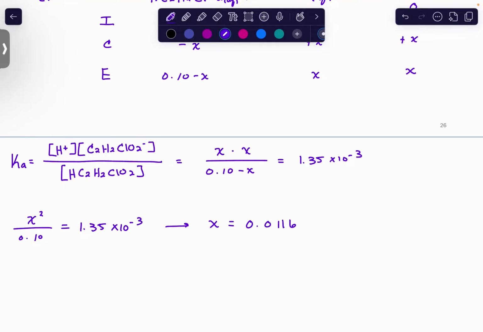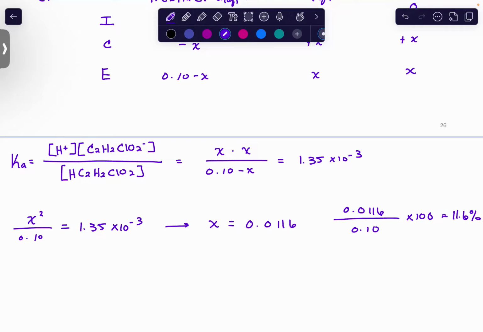0.0116. Now, the 5% rule is you take your change divided by your initial value times 100. So our change is 0.0116, our x. Our initial value is 0.1, times 100. We get 11.6%. This fails.